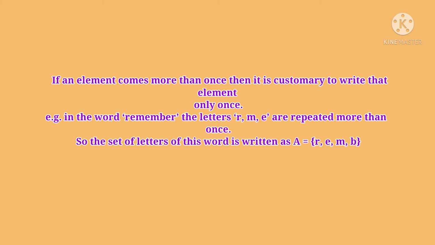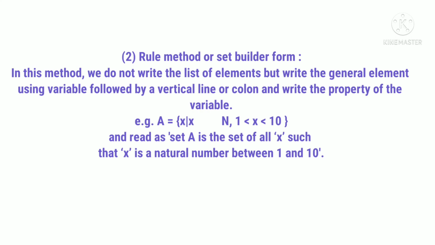2. Rule method or set builder form. In this method, we do not write the list of elements but write the general element using a variable followed by a vertical line or colon and write the property of the variable.